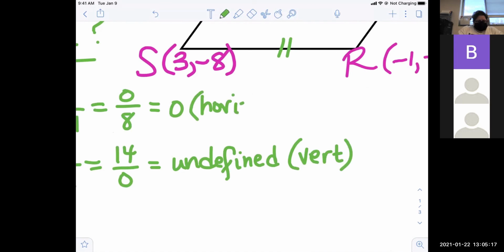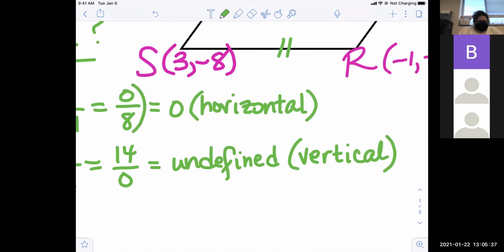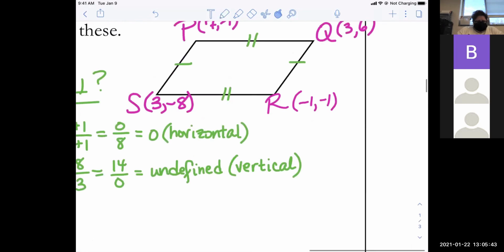And remember that like the opposite reciprocal thing is, they'll typically say non-vertical lines are perpendicular if and only if their slopes are opposite reciprocals, because vertical lines don't have a slope. So you know that if lines are vertical, they're perpendicular to horizontal ones. But just a reminder that when you get 0 on top, it's equal to 0. And when you get 0 on the bottom, it's undefined. Okay, so that tells us that these are actually perpendicular.